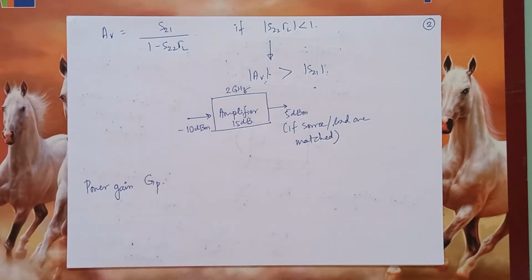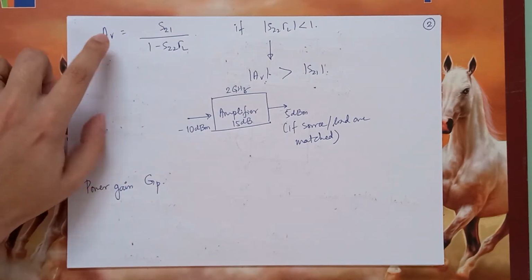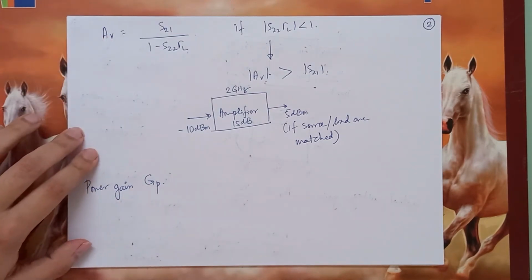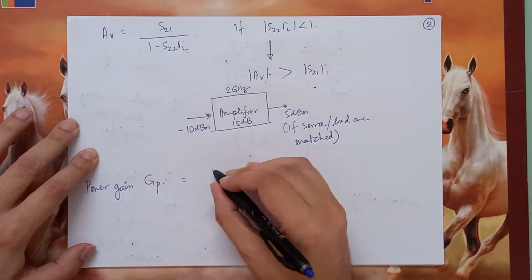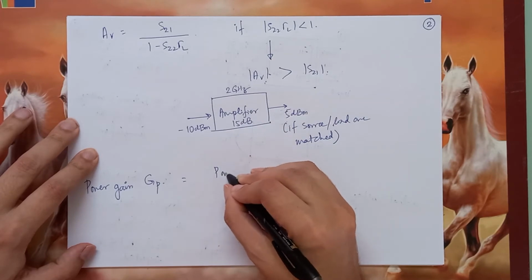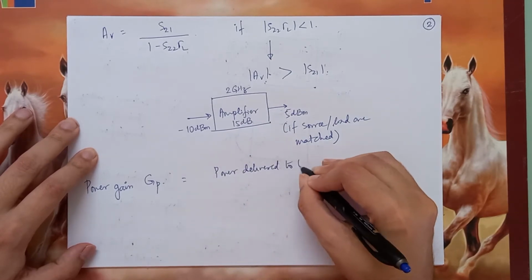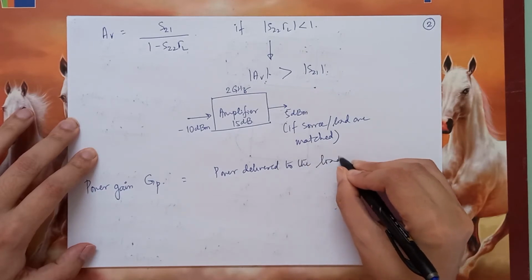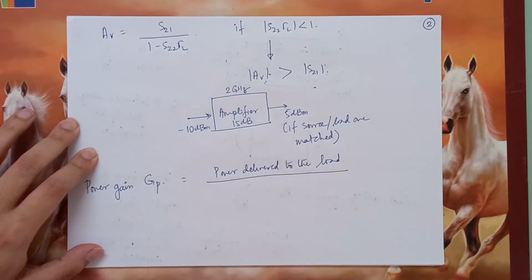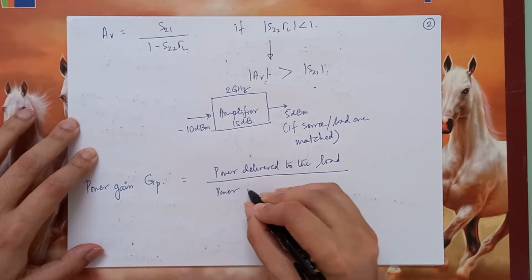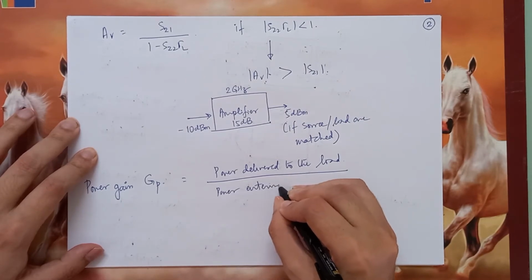Normally we use A for voltages and G for power. Voltage gain A and power gain G. So this is defined as the ratio of the power delivered to the load divided by power entering the amplifier.